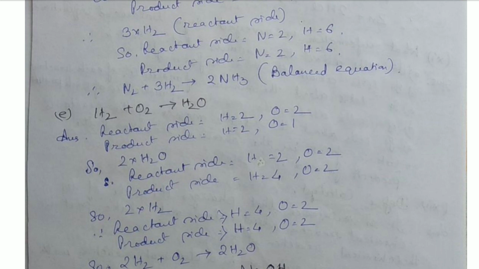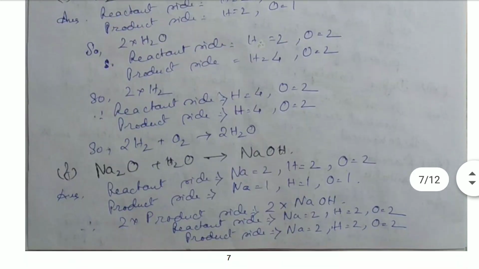Now to make H 4 on the reactant side also, we multiply H2 by 2. Now the reactant side becomes H is equal to 4, O is equal to 2. Product side also H is equal to 4, O is equal to 2. So the equation becomes 2H2 plus O2 gives us 2H2O.